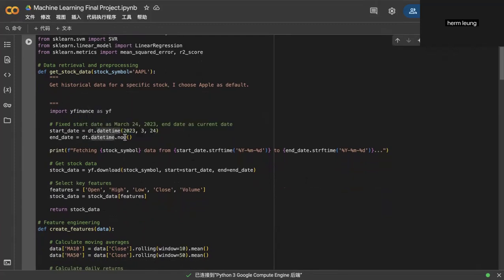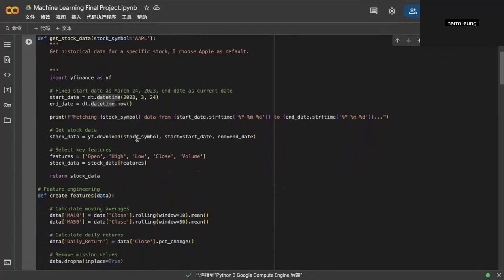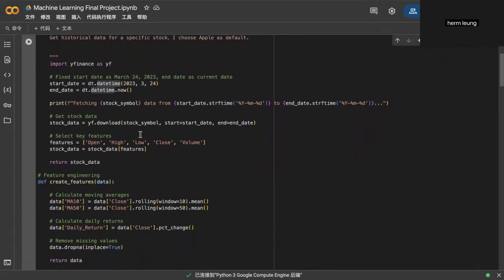I use the log function. So it will fetch 2 years of data of Apple stock.